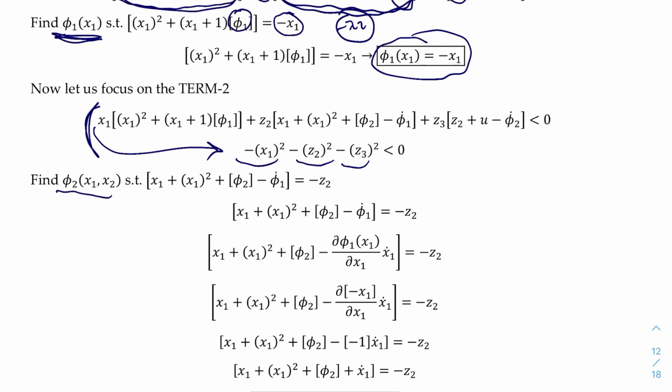And phi2, right? This needs to be equal to minus z2, and then just solve for phi2. You know this, right?